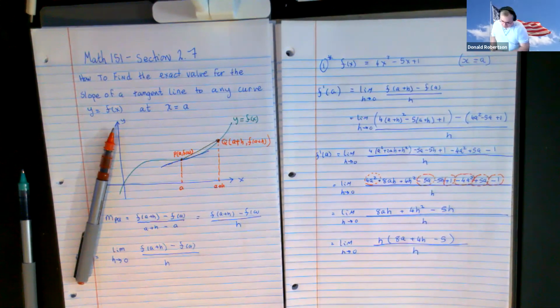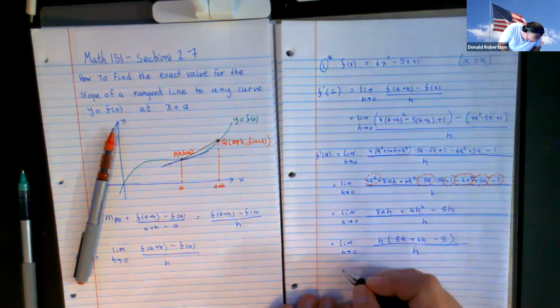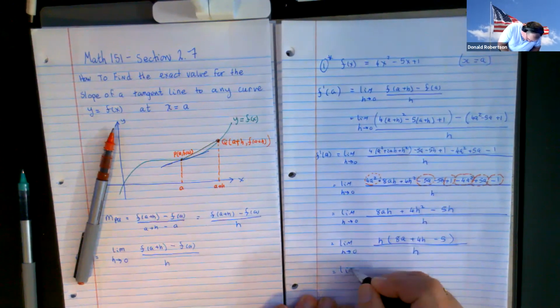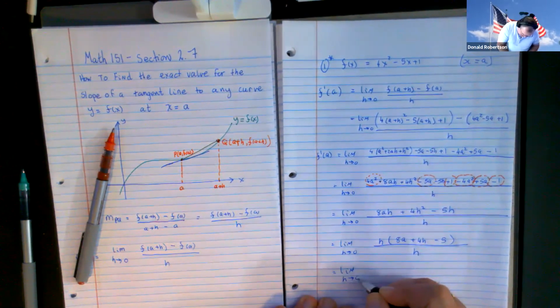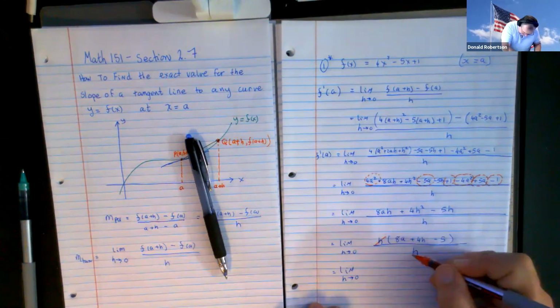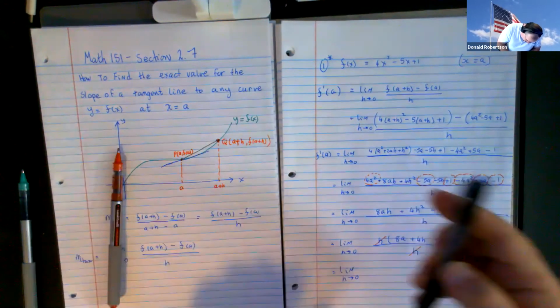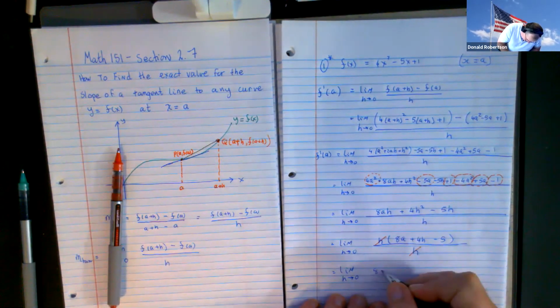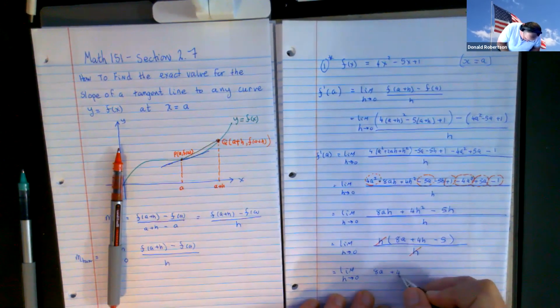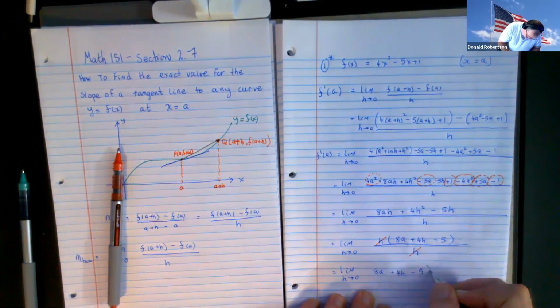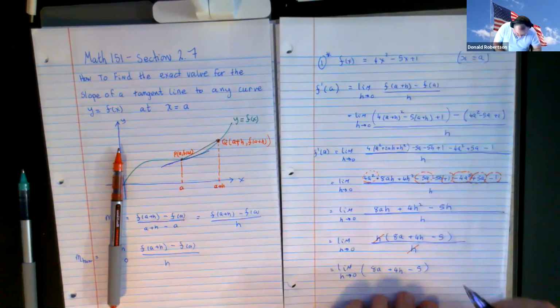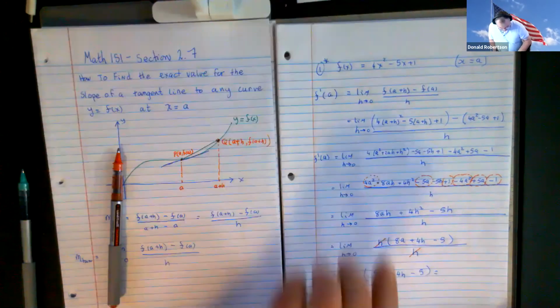So far, so good. And this guy cancels that guy. And so we're looking at 8a plus 4h, take away 5. And now we can just basically replace h with 0.